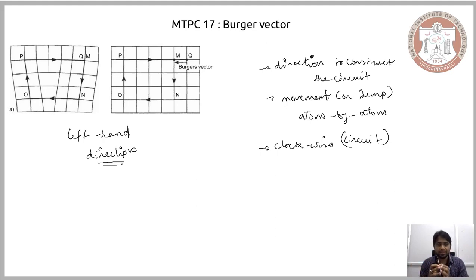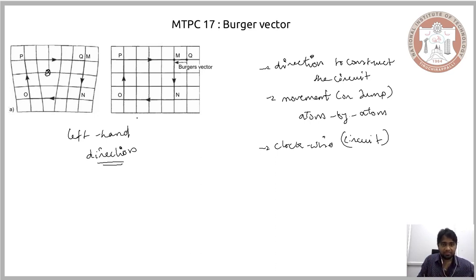What I mean by that is, we can build a convention based on the dislocation line. We can say that for a positive dislocation, according to our convention, we would be constructing a clockwise Burger circuit.